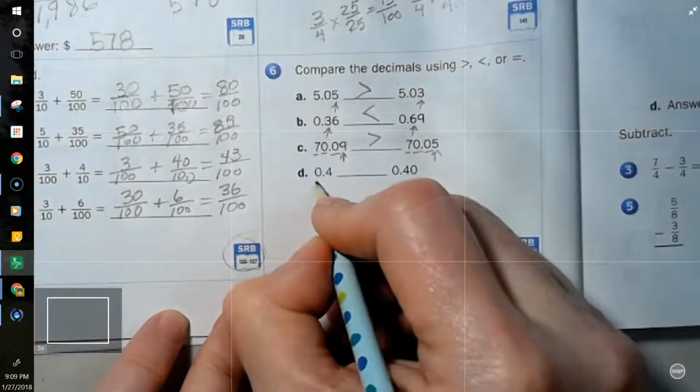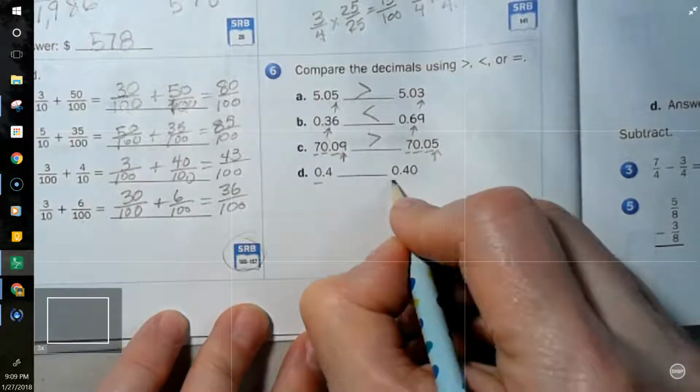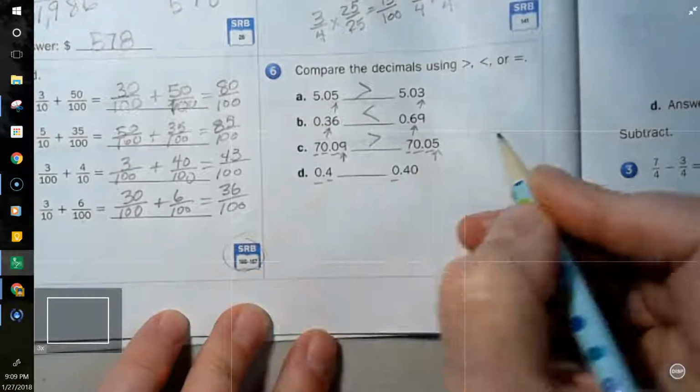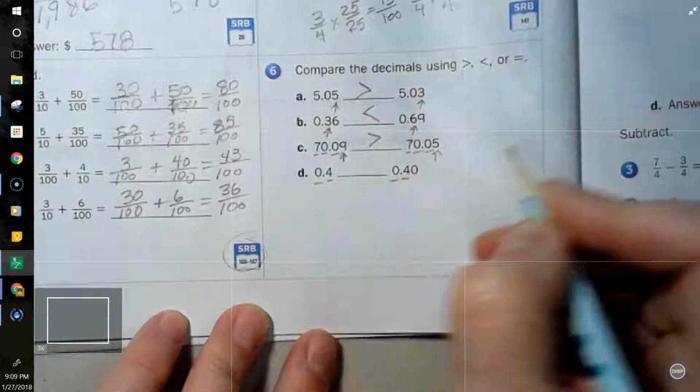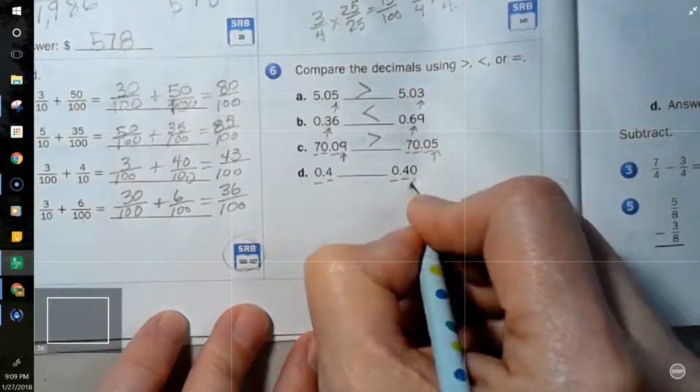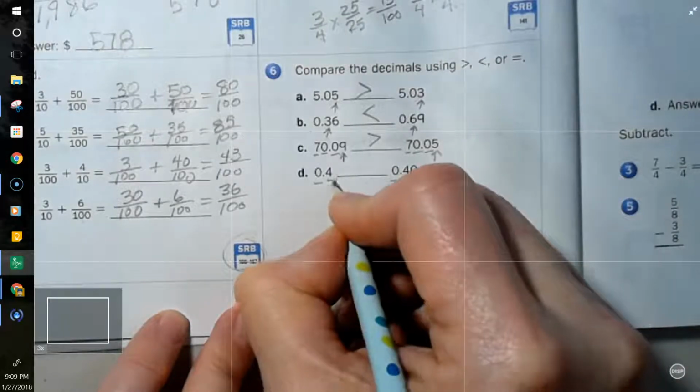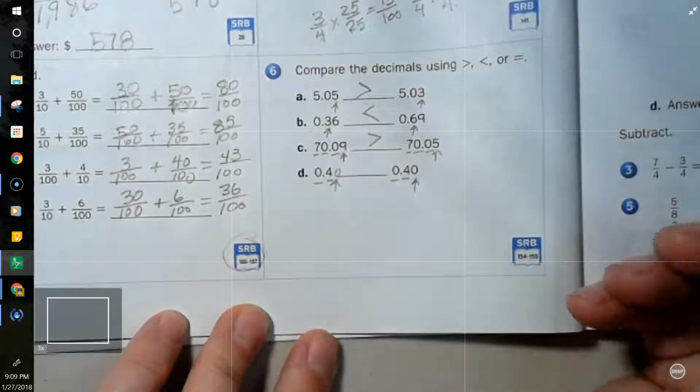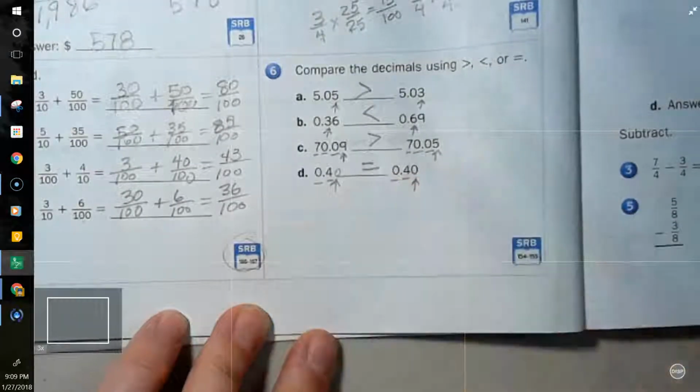And the next number, 0 in the ones place, 4 in the tenths place, and here we have nothing, and here we have nothing. So those two numbers are equal.